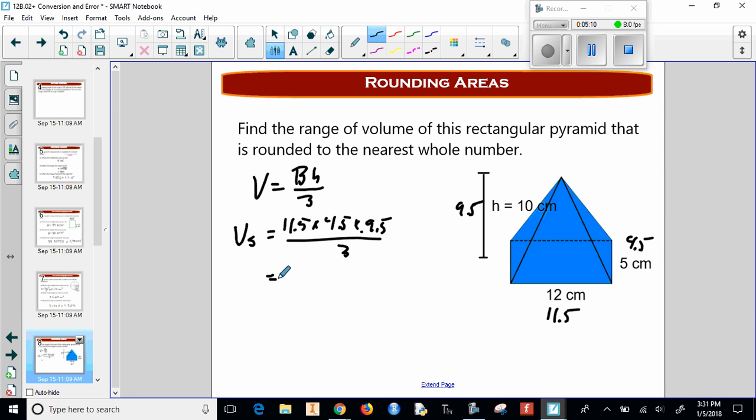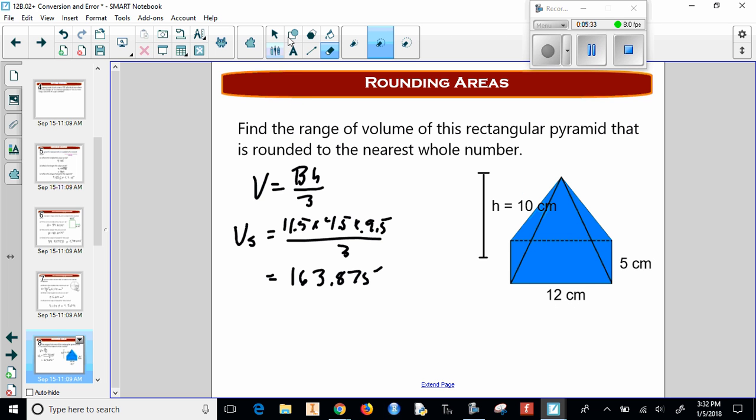So if I plug that into my calculator, I got 163.875. Now if we do this again, but now do the upper end, this would be 10.5, 12.5, and 5.5.